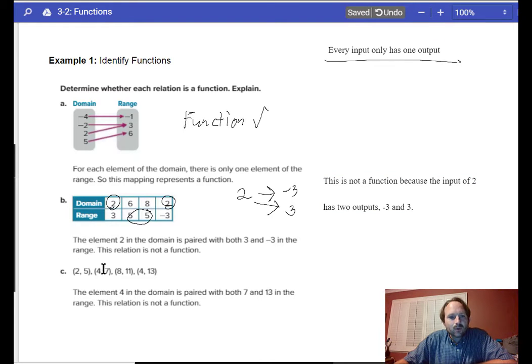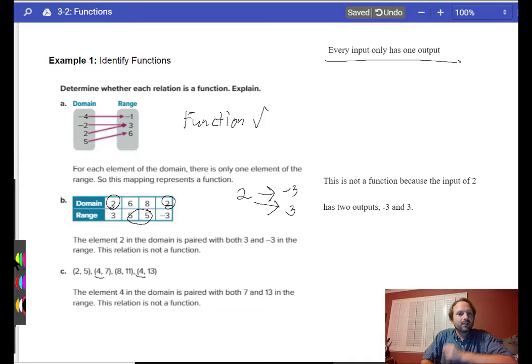2, 5, 4, 7, 8, 11, 4, 13. Now once again, we look at the inputs. Do any inputs repeat? Now the 4 does. So if we look at this, we see that 4 has an output of 7 or 13.